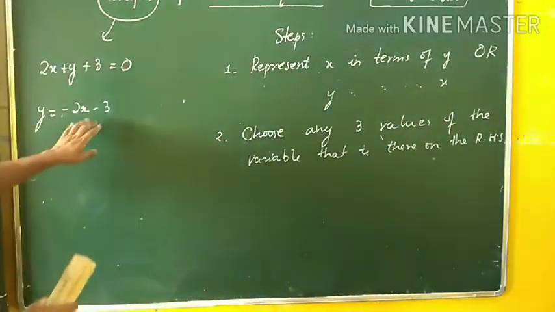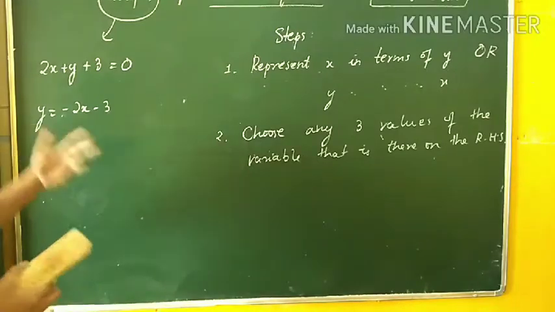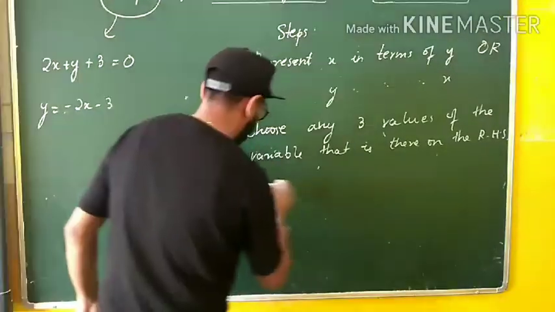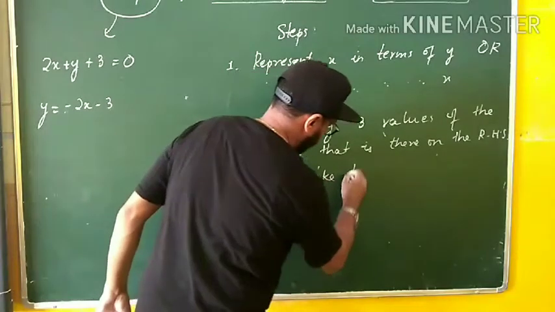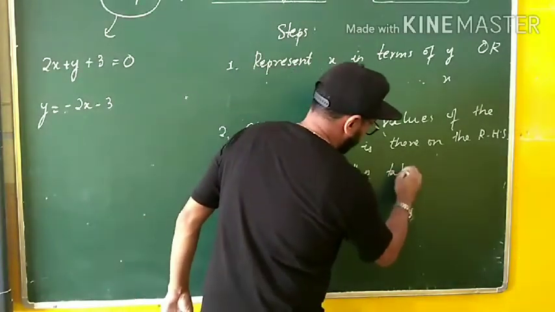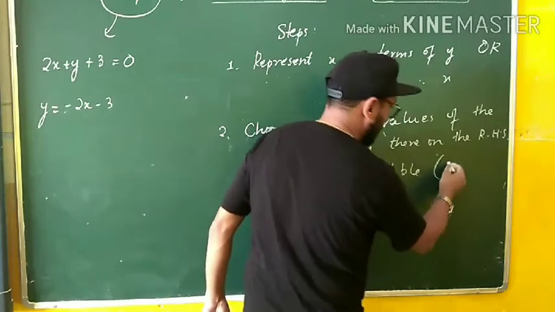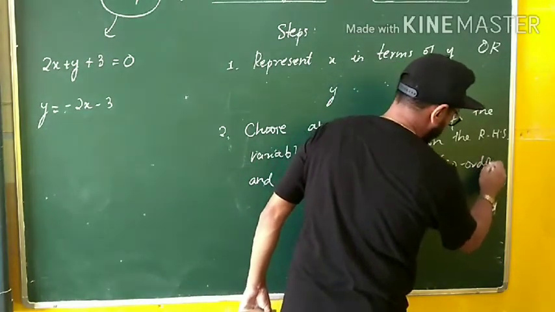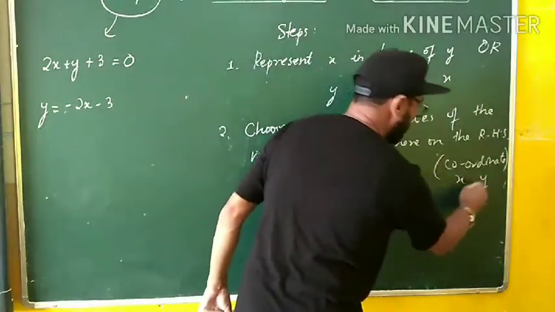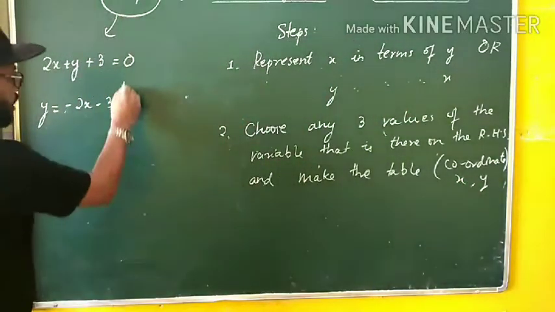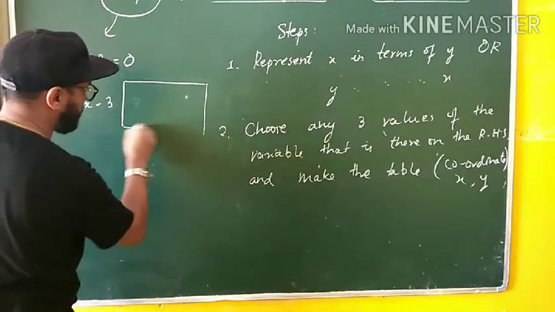So what variable is here on the right hand side? x. Now we can take any 3 values and we'll make the table, which will help us to find the coordinates. The coordinate means point. We need x and y to plot it on the graph paper. Okay. So now let's make the table.